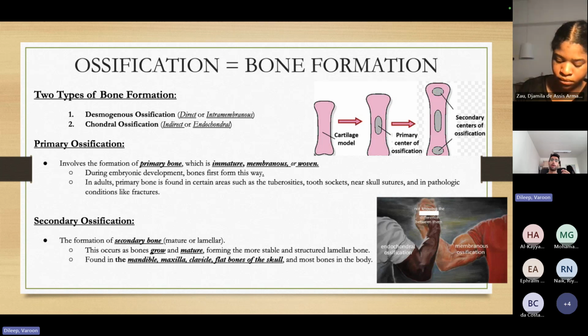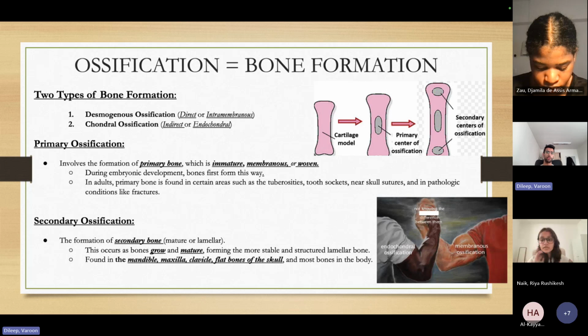sutures. Now, when we talk about the secondary ossification, it is the formation of a secondary bone, which is also called the mature bone or the lamellar bone. As we said, how bones get stronger as the child grows to an adult, this is the secondary ossification taking place. The bones grow, they mature, and they become more stable. This is found in the mandible, maxilla, clavicle, as well as flat bones of the skull.